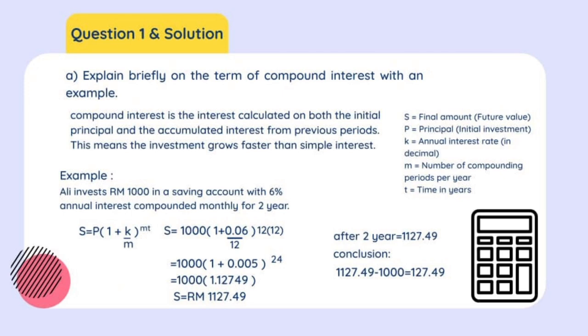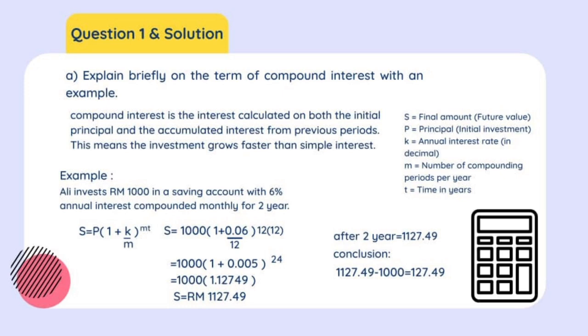Let's say we invest RM1000 at an annual interest rate of 6% compounded monthly for 2 years. We use the formula S = P(1 + K/M)^(MT), where P is the principal amount, which is RM1000, K is the annual interest rate 0.06, and M is the number of compounding periods per year, which is 12. Now we substitute into the formula.